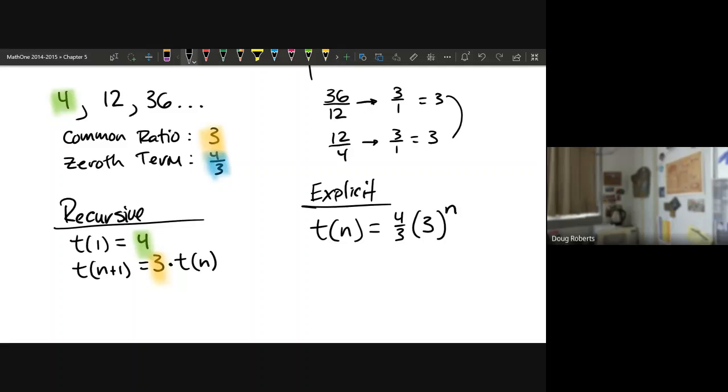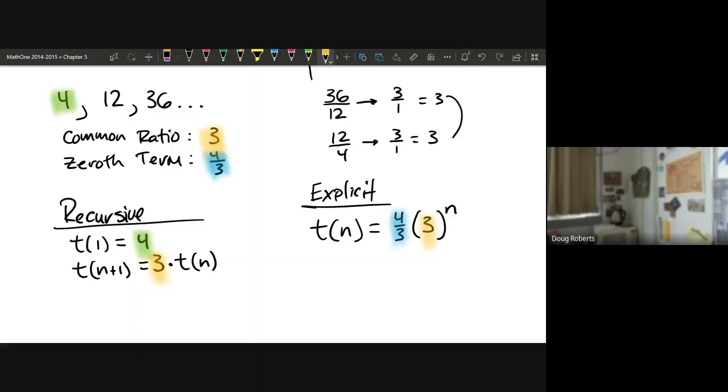The mechanism of multiplying by 3 again and again is handled with the exponentiation. Exponents represent repeated multiplication. Again, in our color scheme, the blue is my 0th term, and the yellow is the number that I keep multiplying by.